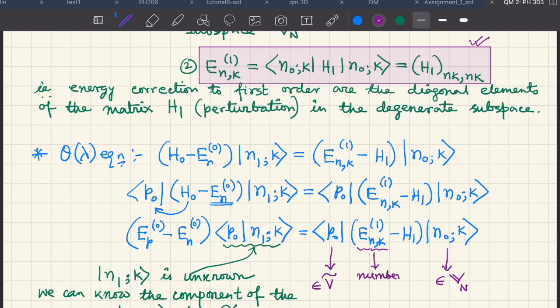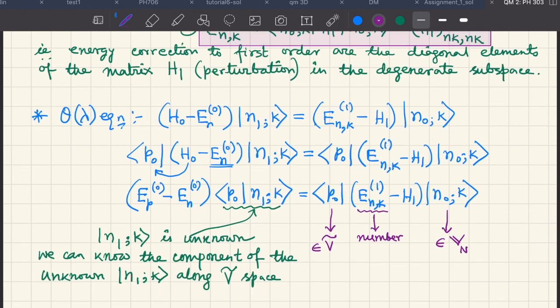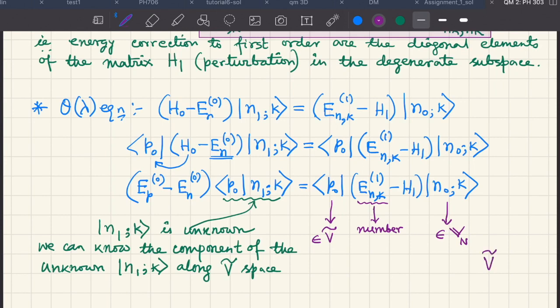You already know that this is just a number. But we also said that V tilde and Vn, these two spaces are orthogonal. Therefore, these already imply ⟨P^0|n^0;k⟩ should be equal to 0.